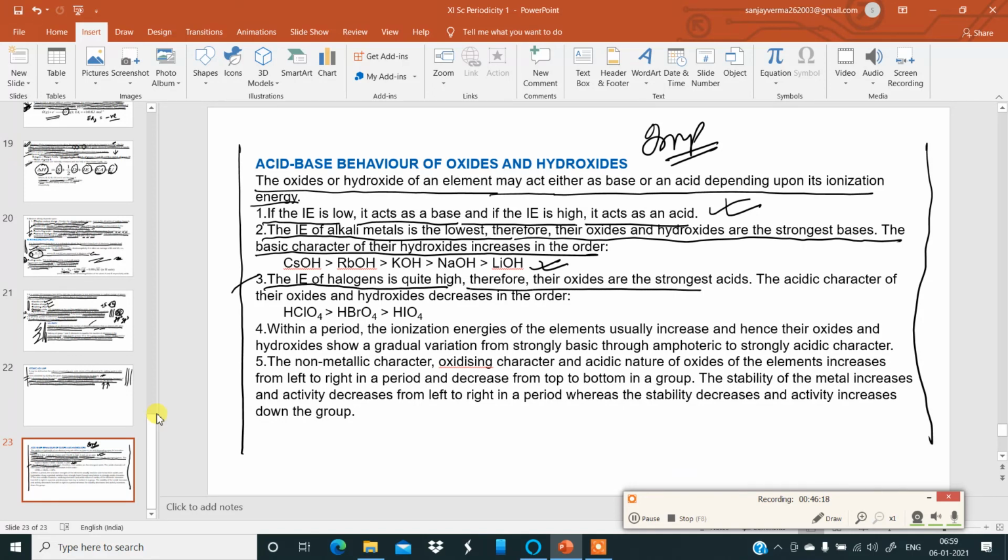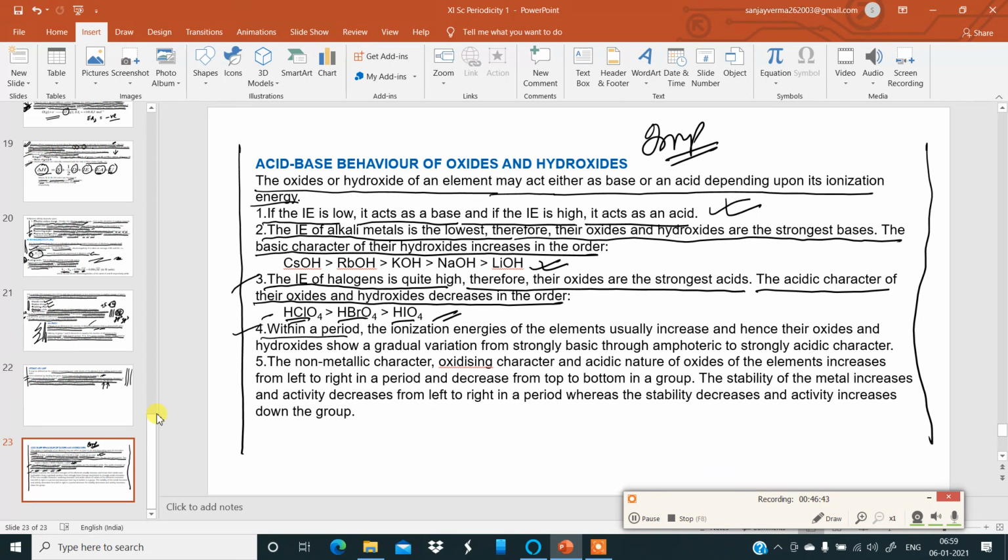Therefore, their oxides are the strongest acids. The acidic character of their oxides and hydroxides decreases in this order. That is, the halogens' oxides are the strongest acids. See, it's an acid: perchloric acid, perbromic acid, periodic acid. So this is the decreasing order. Strongest is this one, second strongest, weakest acid.